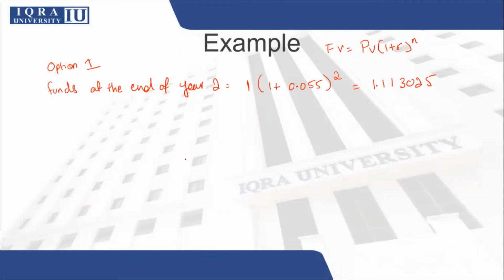Now, even if I select option 2, which is to invest in the 1-year rate, get the proceeds, and then reinvest it again at the rate, they should still get the same return. That means that if they go for option 2, funds at the end of year 2 should be the same. But now you're going to invest that one first for 1 year only at the 5% rate.